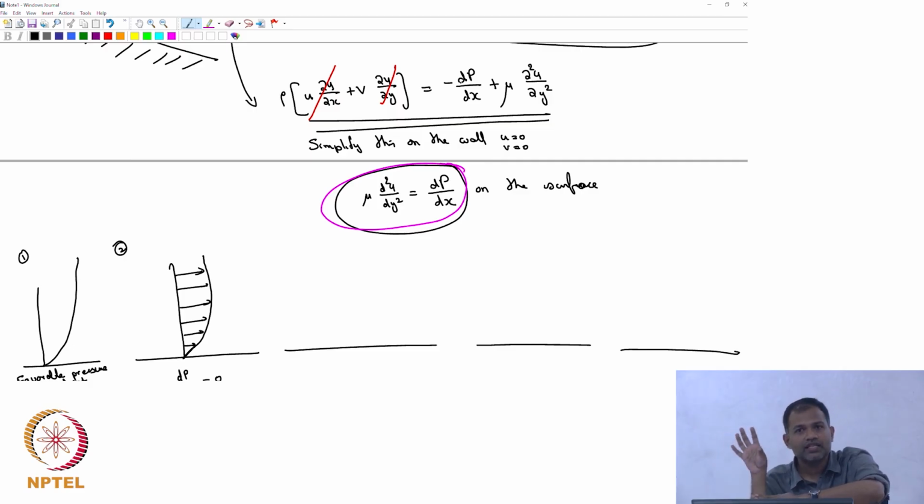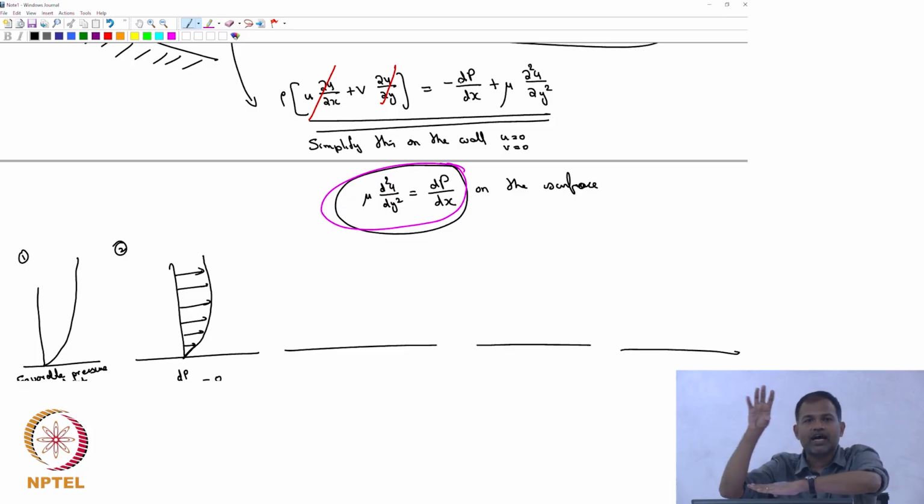Now remember that pressure term dP by dx, I already know from the external flow field. When I say external, this is external to the boundary layer. So by knowing the pressure gradient outside, I can tell something about my velocity profile on the wall. By knowing the pressure gradient outside, I am able to tell something about my velocity gradient on the wall. Is that clear?